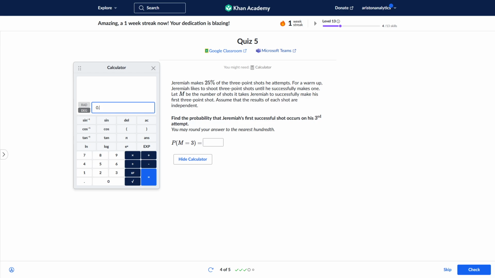Or this might be geometric. So fail, fail, succeed.